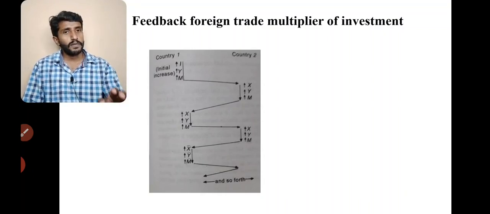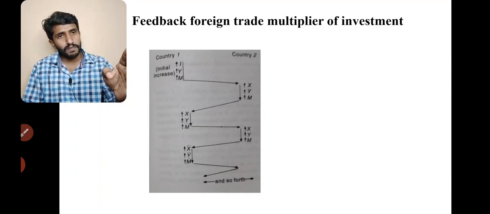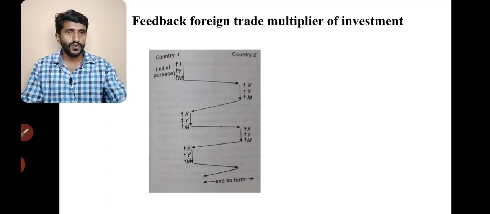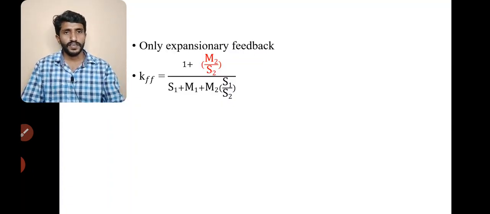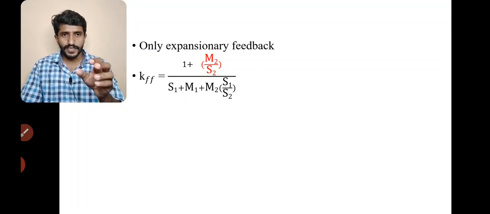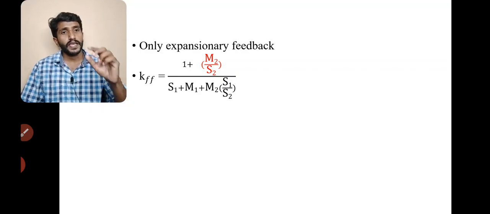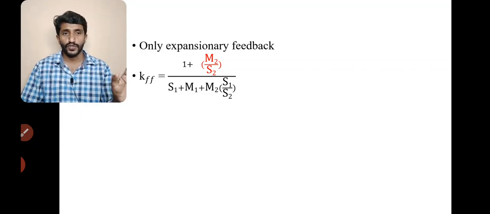So if the foreign trade multiplier is happening because of a change in investment, its equation also will be different. Here we are considering only expansionary feedback. Then in the equation, one more value is added, that is 1 plus MPM of country 2 divided by MPS of country 2, all divided by the same as the foreign trade multiplier of exports.